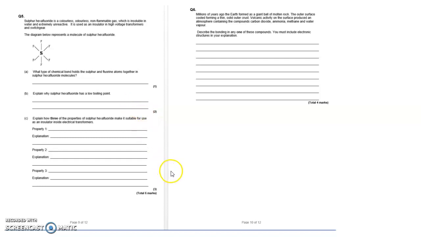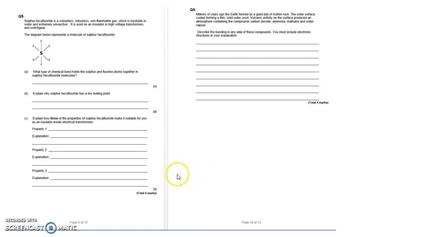Note that this is 2 non-metals, and you know which type of bond forms when 2 non-metals are sharing electrons with each other. Part B, anything about boiling point, we're writing about the forces or the bonds between molecules. Better to avoid the word bond and talk about intermolecular forces.